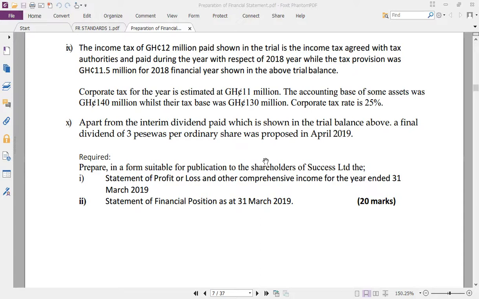That footnote is not part of the adjustments because it's not an adjusting event. But the dividend in the trial balance, that's when you treat it, because that one was paid during the year. The final one was declared after the reporting period, so the final one becomes what? Non-adjusting. Good.